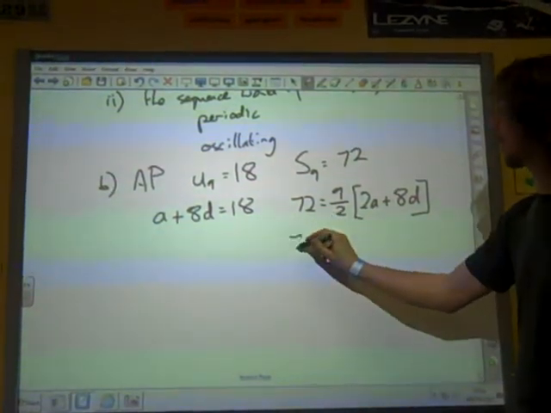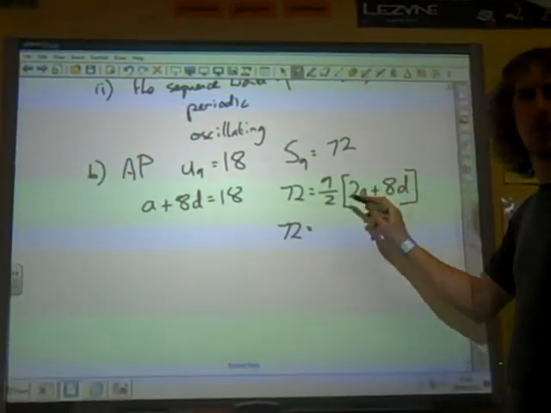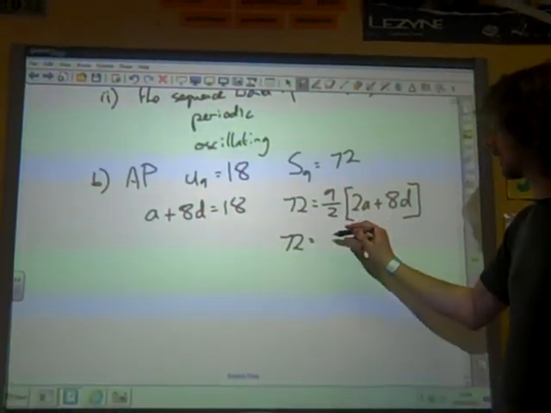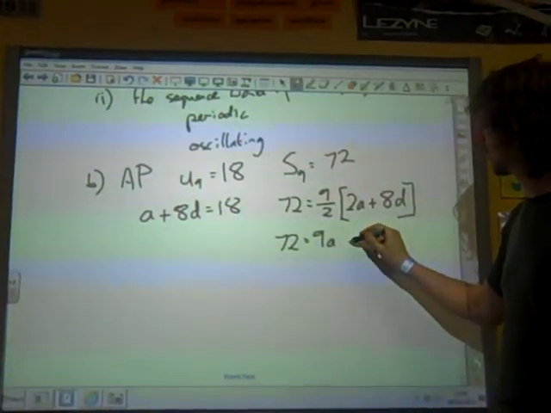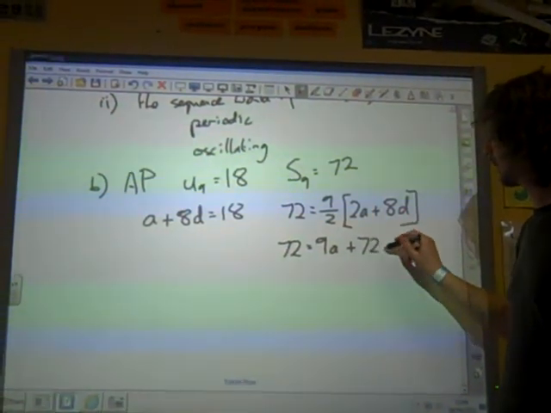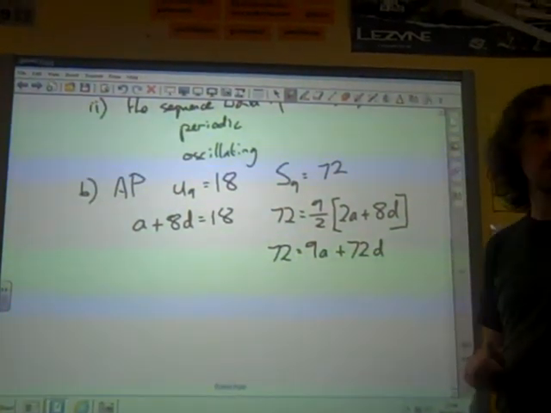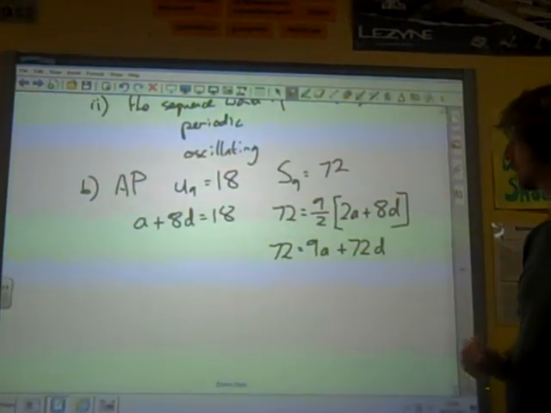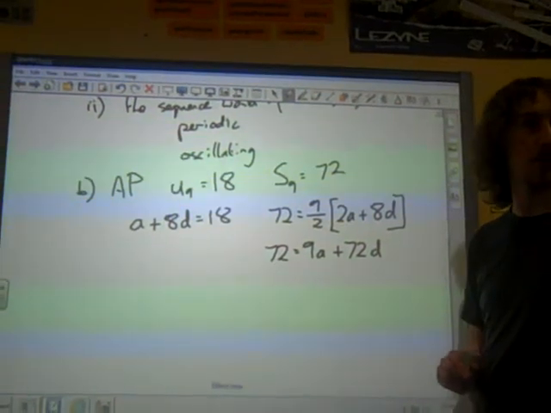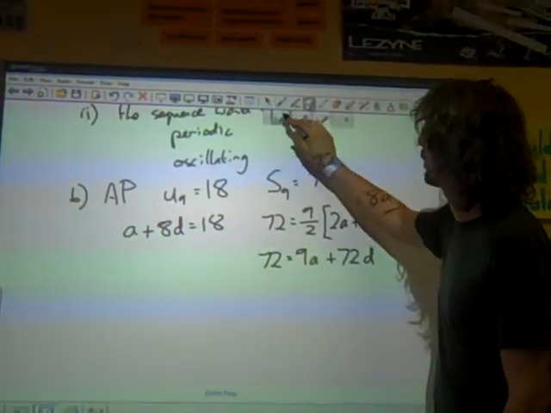Let's multiply out that bracket. We've got a common factor of 2 in there, haven't we? So it's quite helpful to have the half there. So that would give us 9a, and that would be 72d. It wouldn't be. It would be 36d, wouldn't it? Because we've got to divide by the 2.